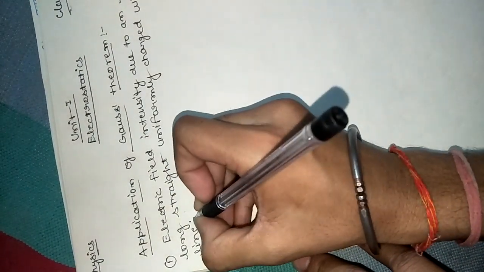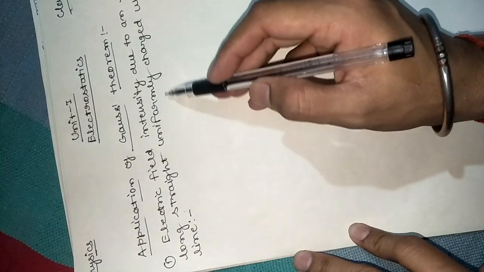We are going to find out the electric field intensity due to an infinitely long straight uniformly charged wire or line.